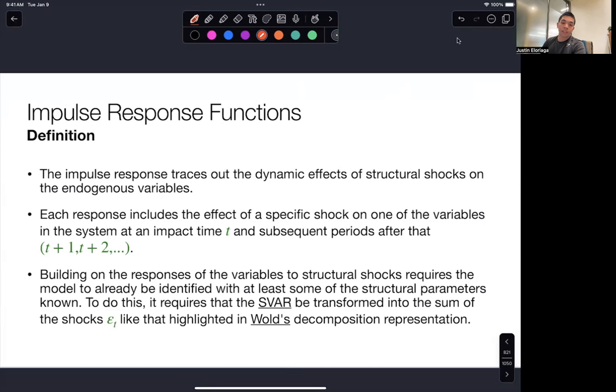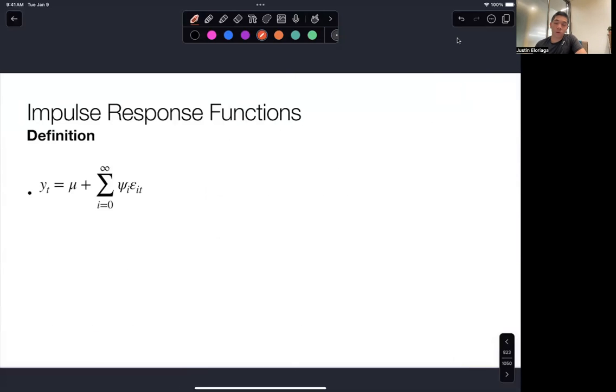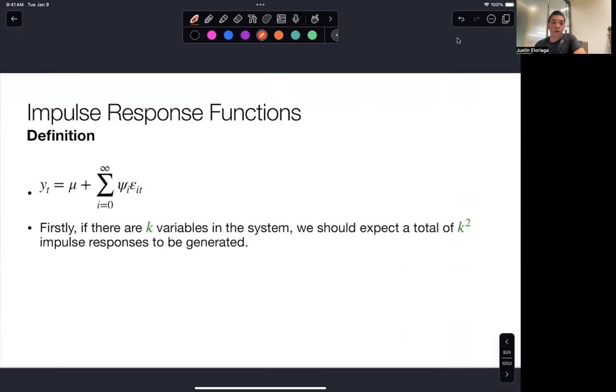To do this, it requires that the SVAR be transformed into a sum of the shocks, which we highlighted in the Wold decomposition representation, right? So how is this done? Well, that's an IRF, right? YT can be decomposed as a linear combination of past epsilons. If we have K variables in a system, we should expect a total of K squared impulse responses.